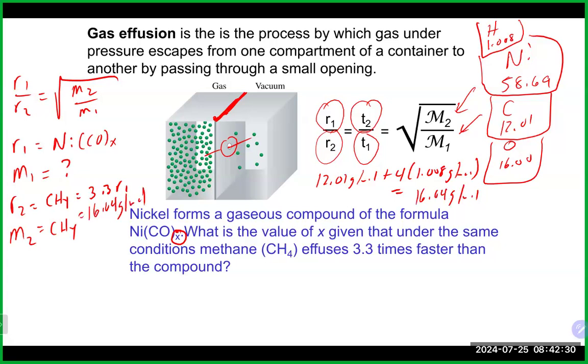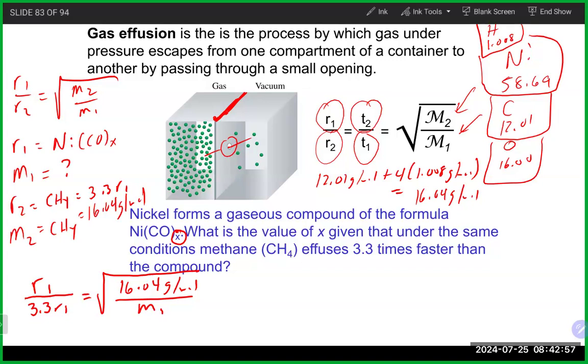All right, so now that we have that, we can put it into our equation. We have R1, which is our unknown compound, divided by R2, which is 3.3 R1, equals the square root of M2, which is 16.04 grams per mole, divided by M1. Any questions on that? Although we don't know what R1 is, it should cancel out.